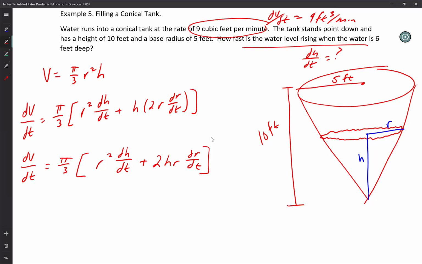All right, let's see what I have and what I don't have. I have the height. I have, indirectly, the radius. I have dV/dt. I want to know dH/dt, so this is what I'm looking for. And I do not have dR/dt, but I can get it.